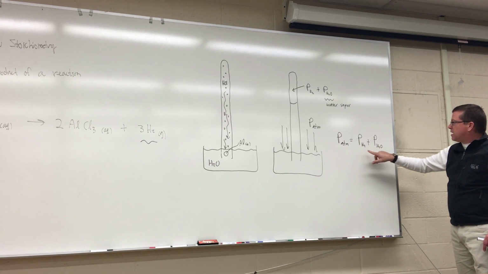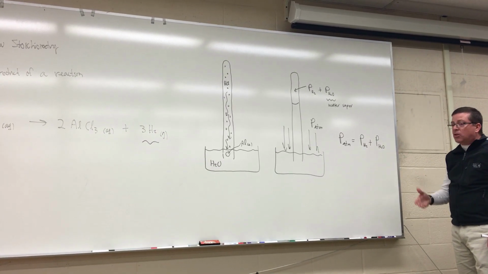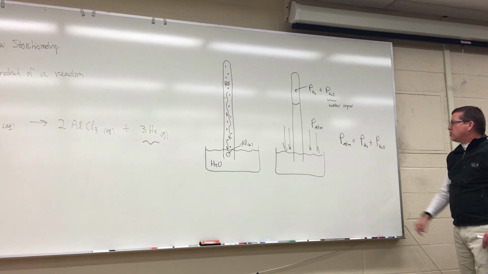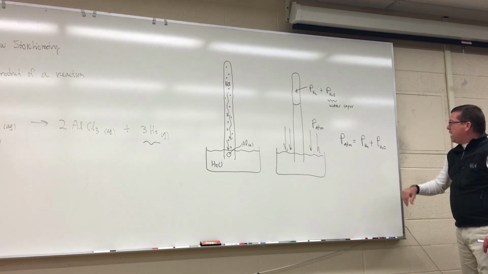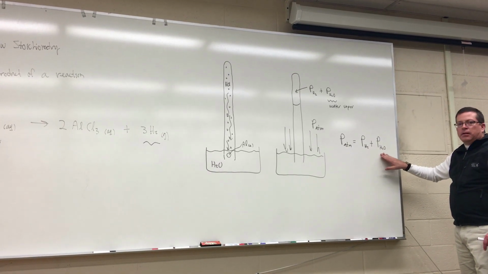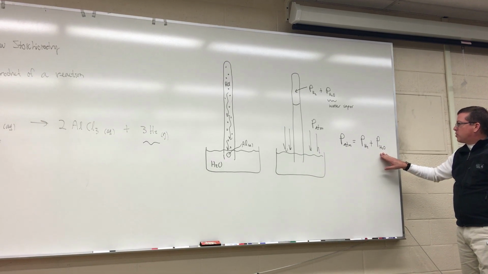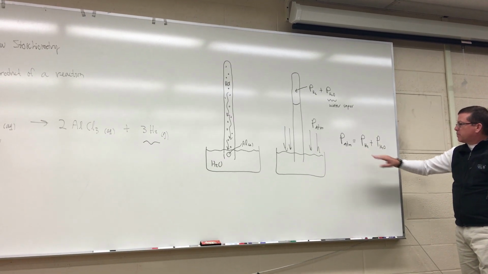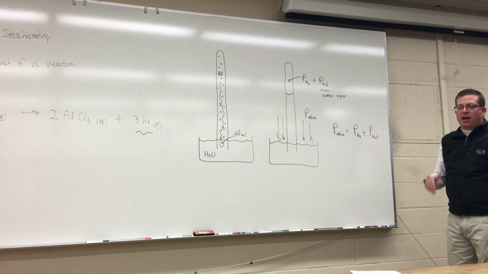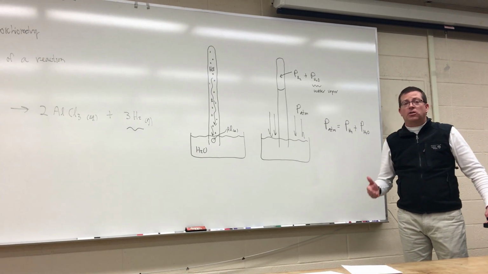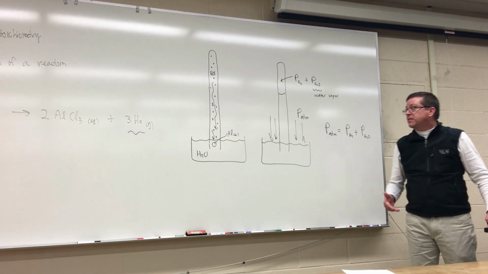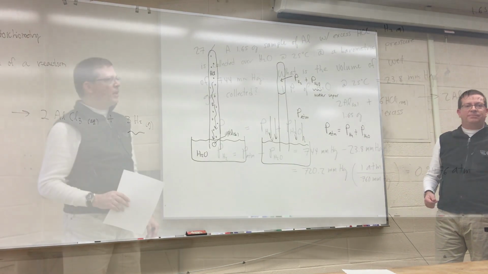This is essentially a way of expressing Dalton's law of partial pressures. So if I know the atmospheric pressure and the vapor pressure of water at a given temperature, I ought to be able to back calculate the pressure of the hydrogen gas. All right, next we're going to take a look at a quick example showing us how we'll use these techniques.